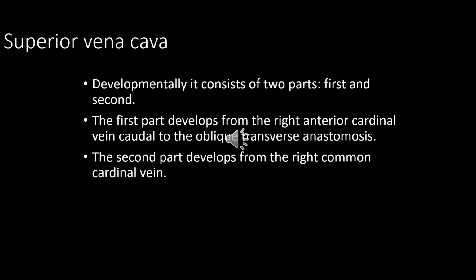So the upper part of the superior vena cava is formed from the right anterior cardinal vein. It's caudal to the oblique transverse anastomosis with the left anterior cardinal vein, and the second part develops from the right common cardinal vein, the duct of Cuvier. So these two, please remember in case you are asked.